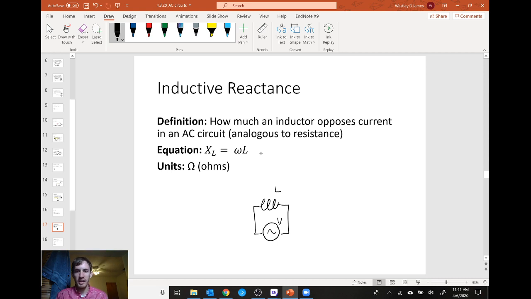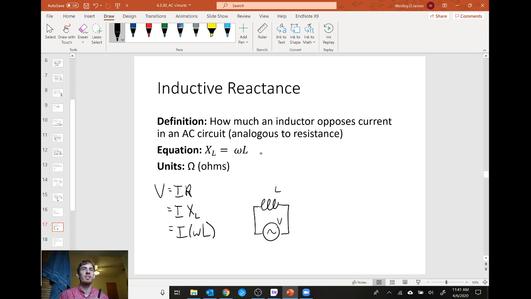In that case, remember V equals IR. Well, here it's V equals I times X sub L, which would be I times omega L. So this is basically how much an inductor resists the current in an AC circuit.